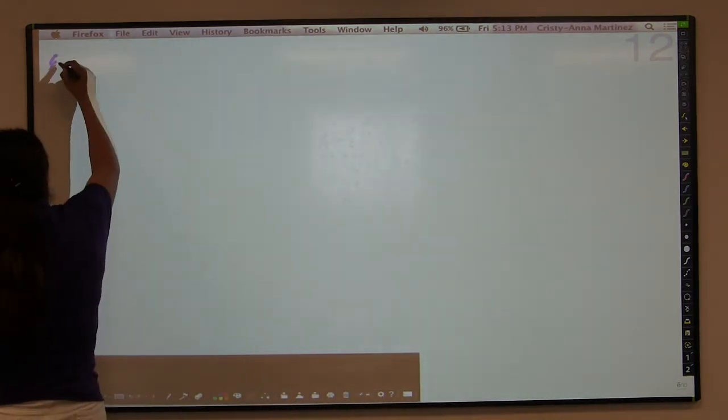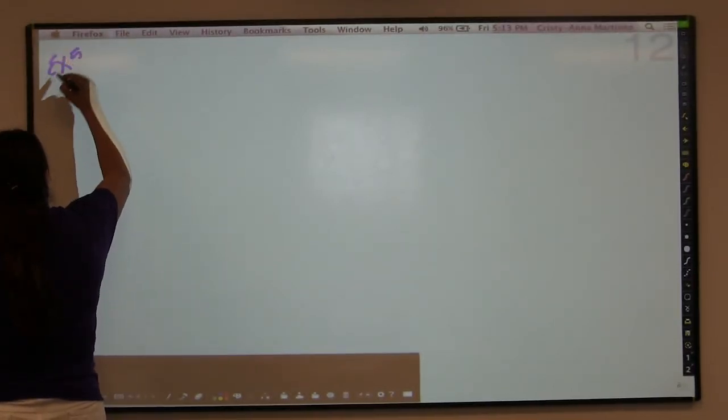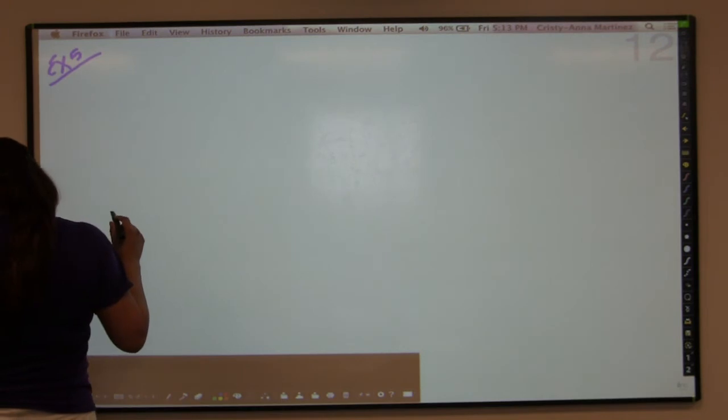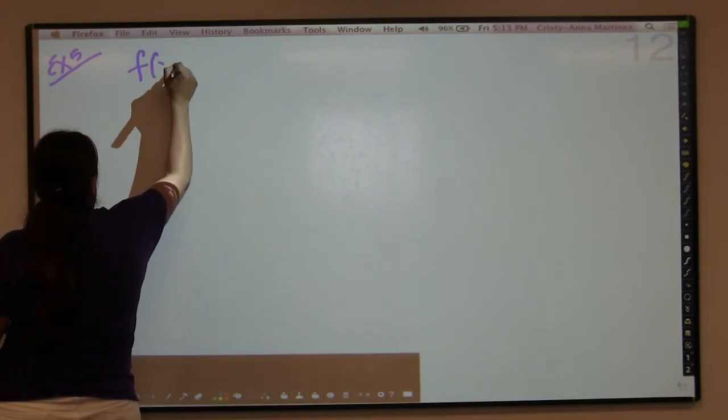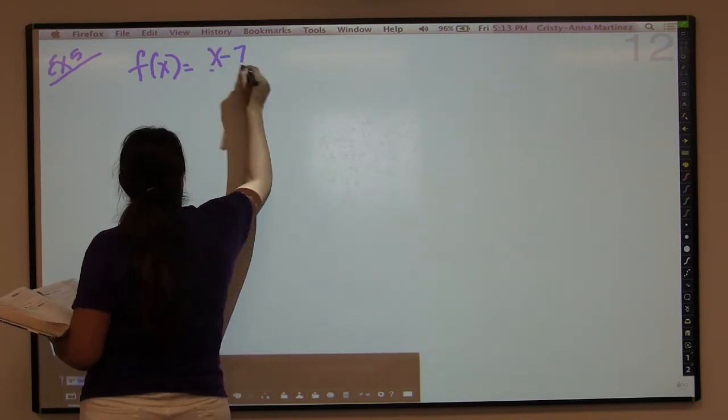And it's example, I believe we're on example 5. And it's giving me a function, f of x equals x minus 7 over 6.